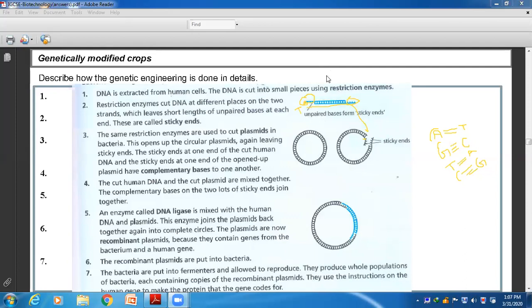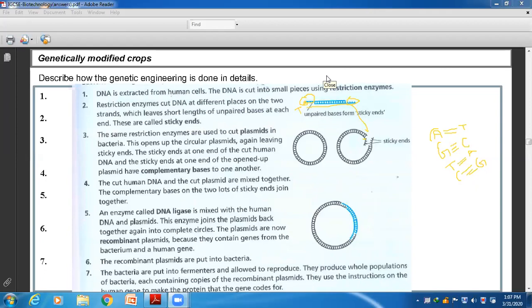So it's clear, right? Actually, your question is what are the types of restriction enzyme? So I will not go into that in detail because it is not part of the syllabus. But by the way, I will tell you if you want to ask a question. First, there are two basic types of restriction enzyme.